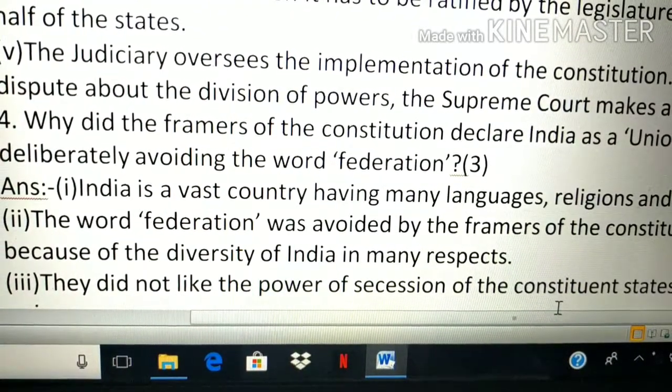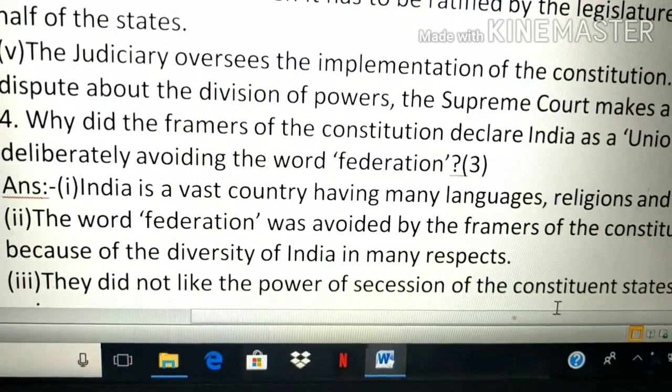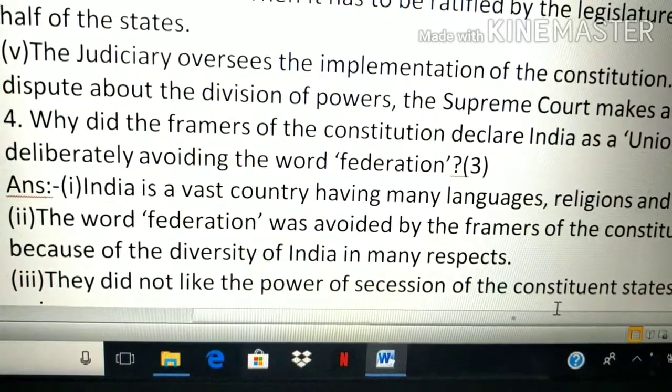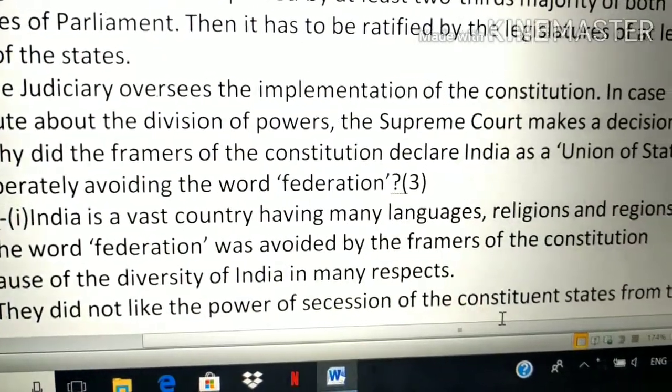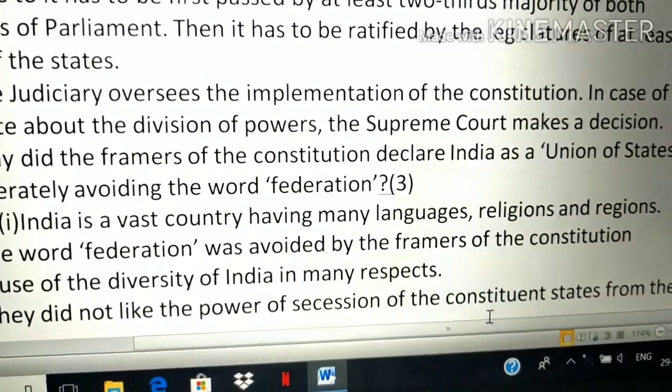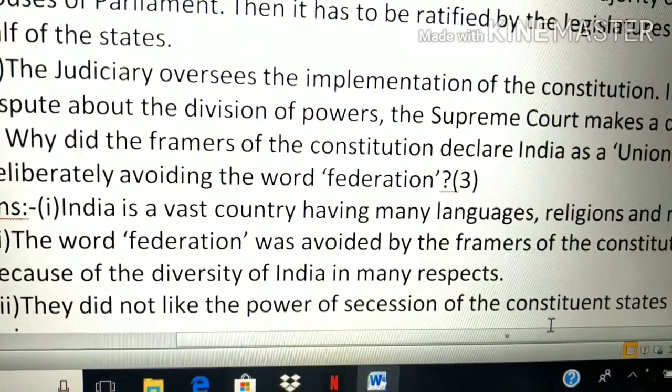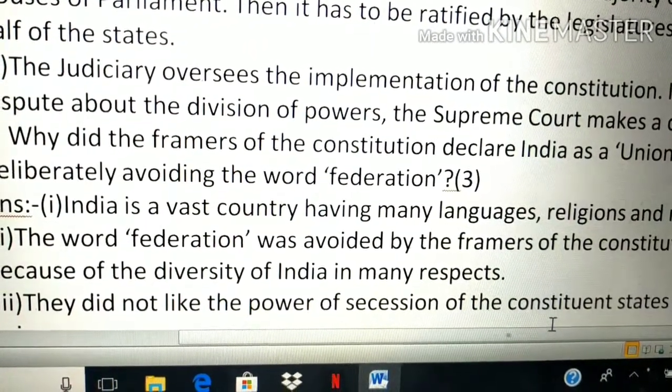Question number 4. Why did the framers of the Constitution declare India as a union of states, deliberately avoiding the word federation?